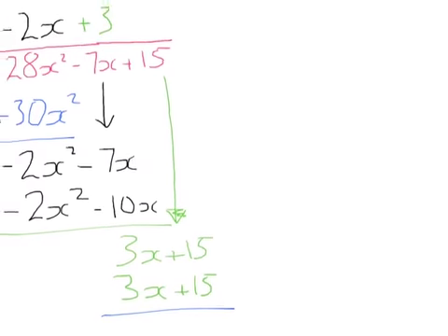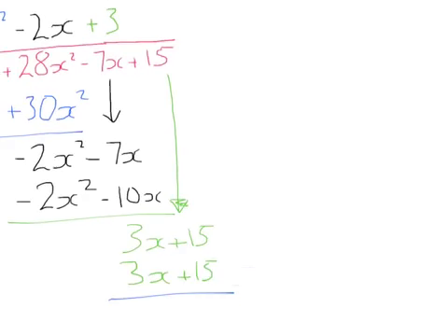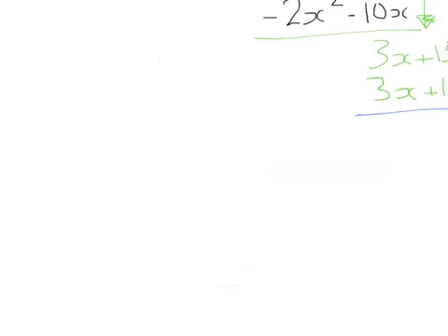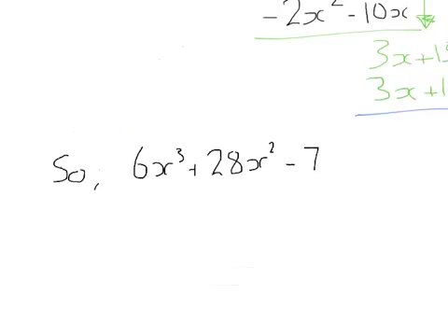In fact, let's go to the side. So we can say 6x cubed plus 28x squared minus 7x plus 15 divided by x plus 5.